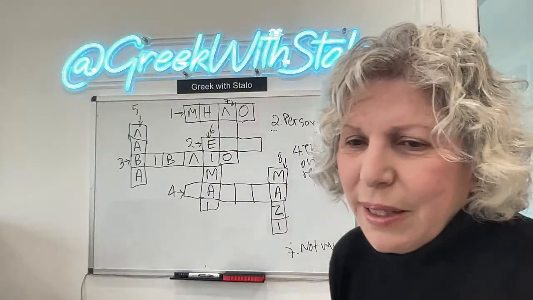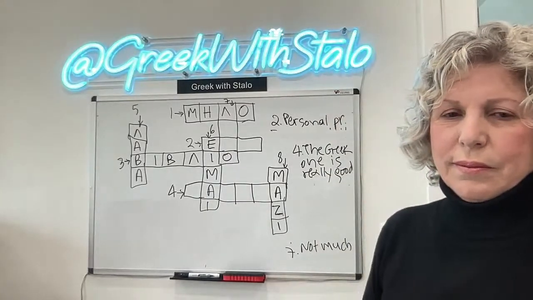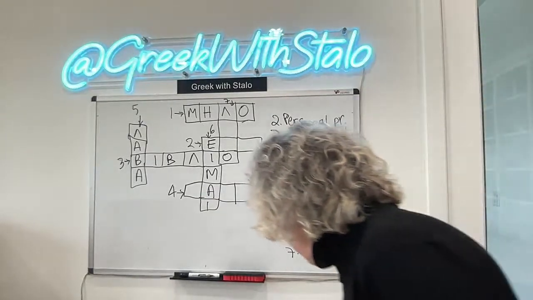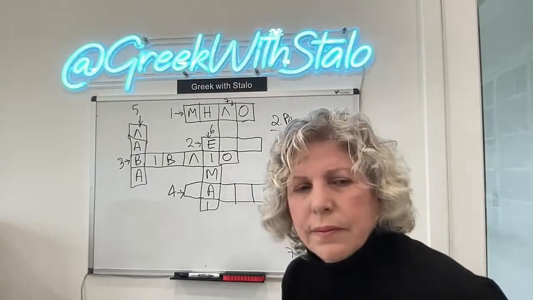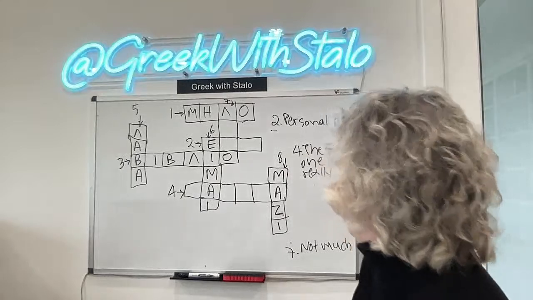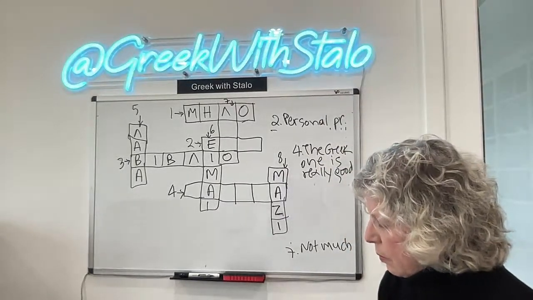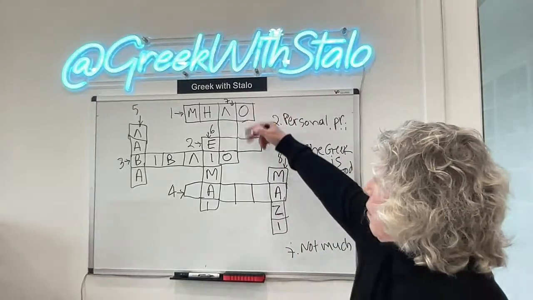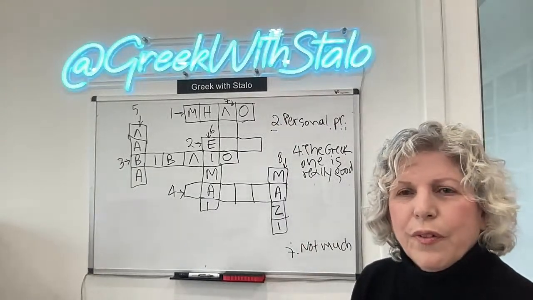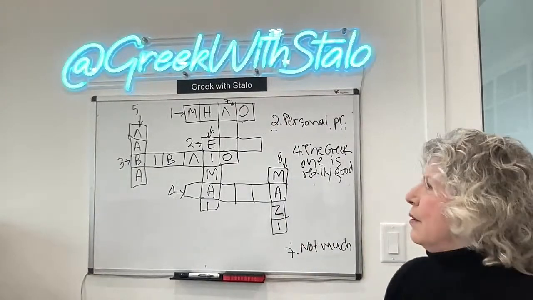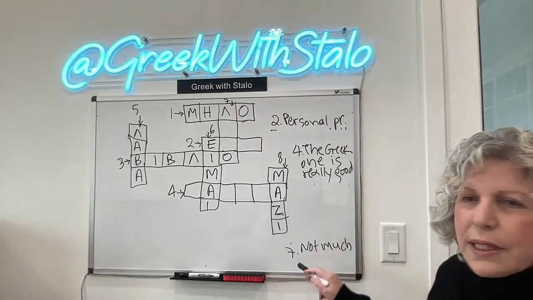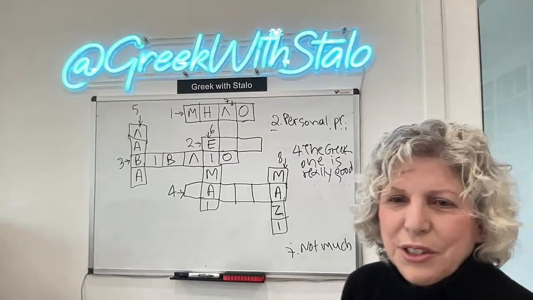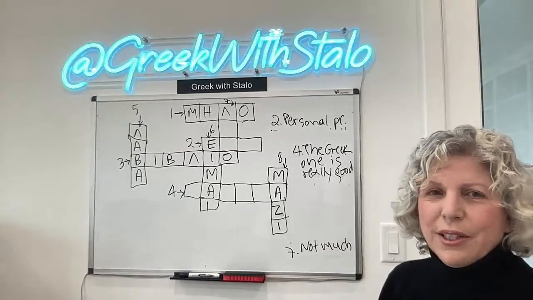Can you think of something? And also look at number 7. That's also not very difficult. Number 7, it says not much. So what can it be in Greek?